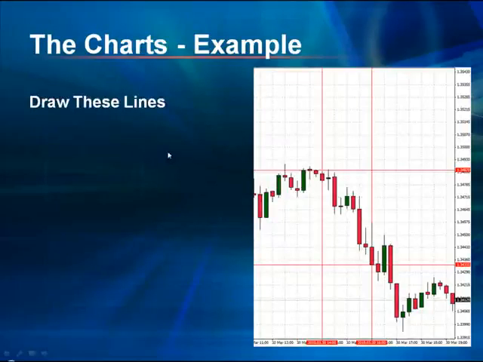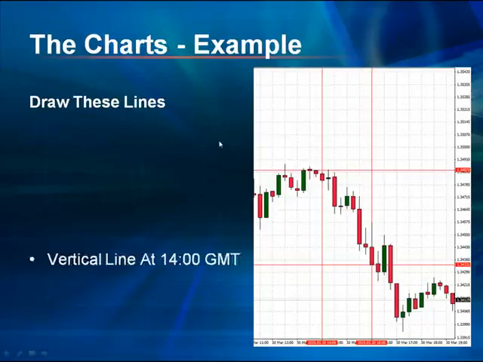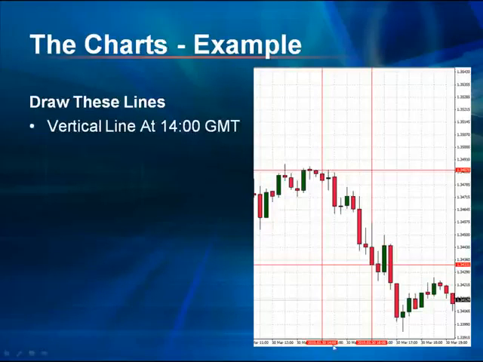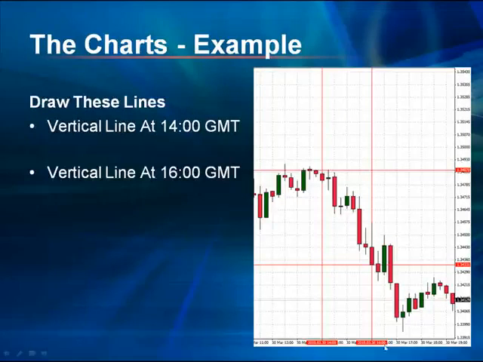Just to show a clearer example before we move on and show you this in MetaTrader, we're going to open a 15-minute chart, and then we're going to draw 4 lines on that chart. We're going to draw a vertical line at the 1400 hour, with just a single click in MetaTrader. I'll show you how to do this in a second. We're going to draw a vertical line at 1600. Again, just a single click.